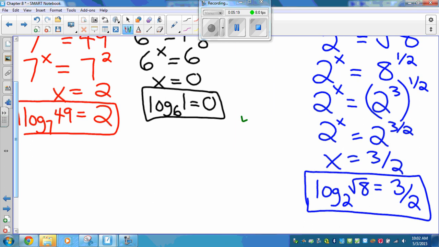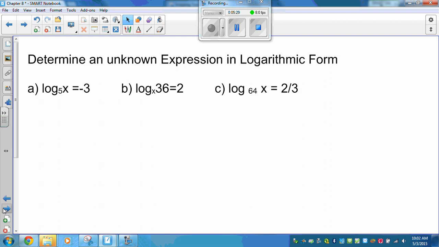So just nothing very new, just a new form of writing exponential functions. A couple more to try here. We need to determine an unknown expression in logarithmic form. So now we might be given the exponent, we might be given the base, and we have to figure out what those things are. So log base 5 of x equals -3.